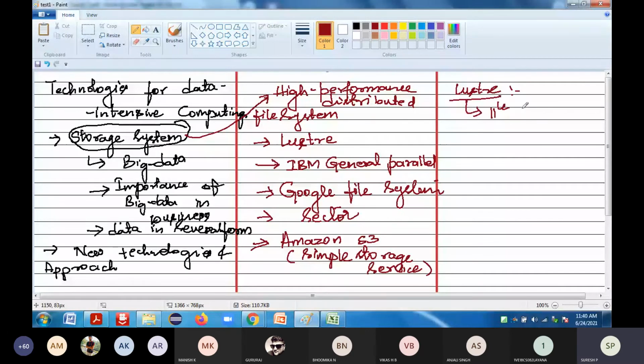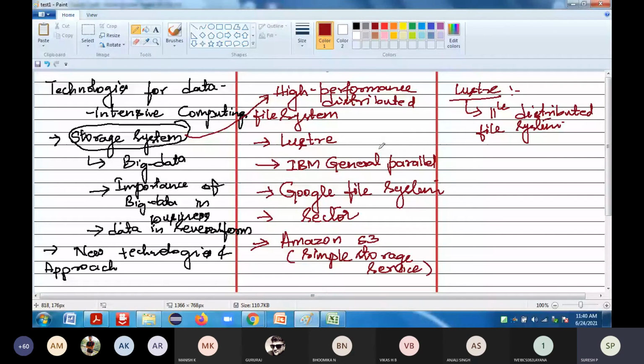That means this file system is distributed all across the globe. It is used by the top 500 supercomputing systems, right?